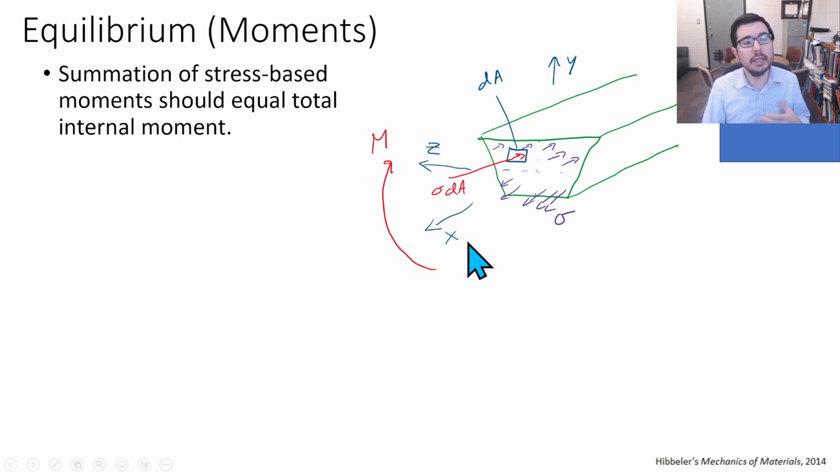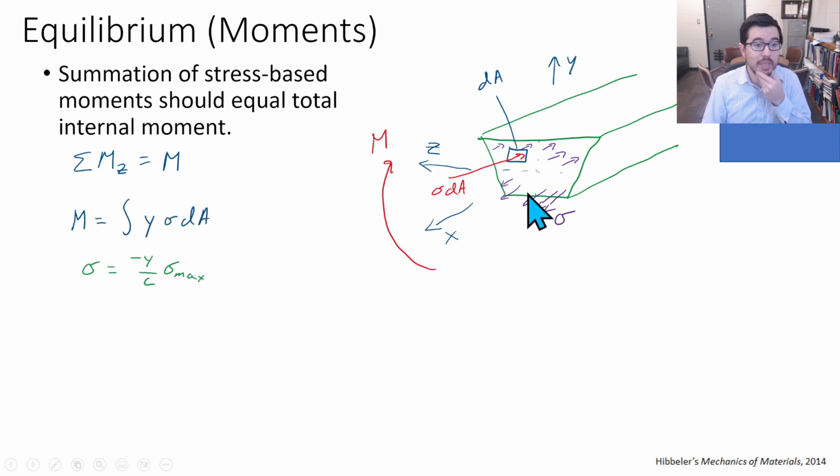So when we look at summing all the stress-based contributions to moment, it needs to equal this internal moment M. So that's what we have here. We could have said the summation of all these individual quantities minus this internal moment needs to equal 0. That would have been fine. Or we can say they're all being summed up to equal M, which is what you have here.